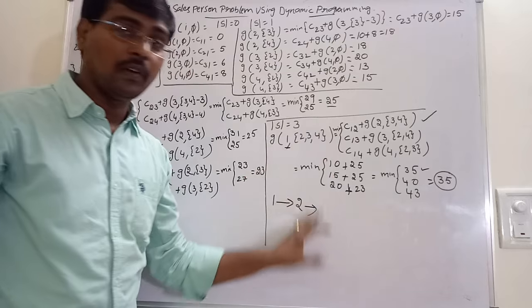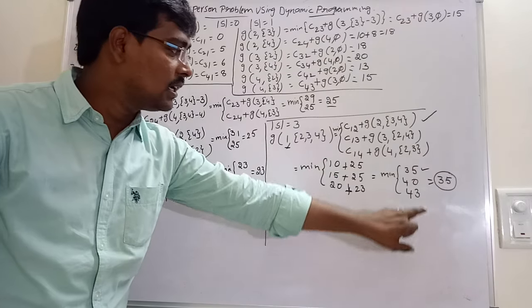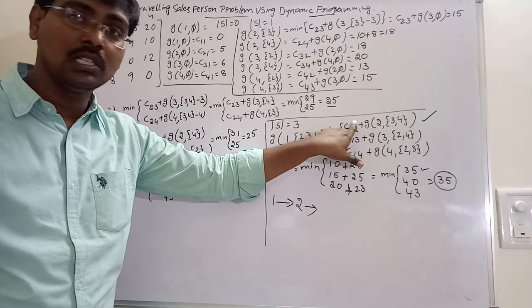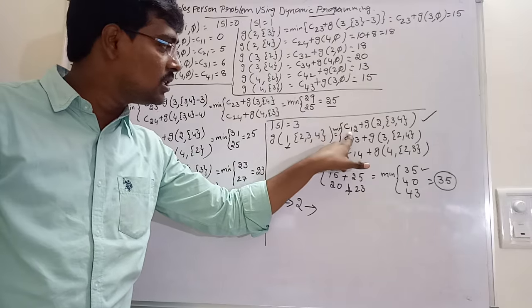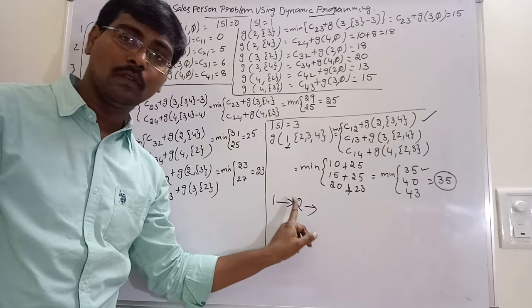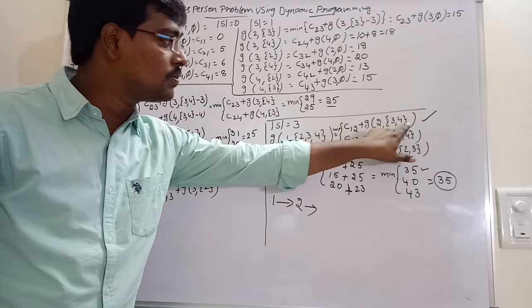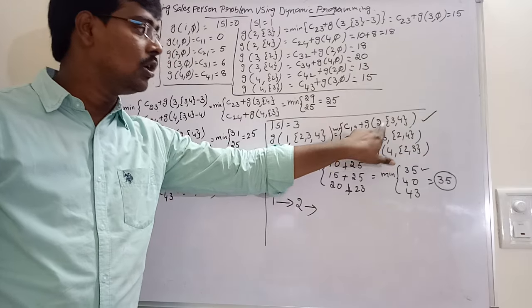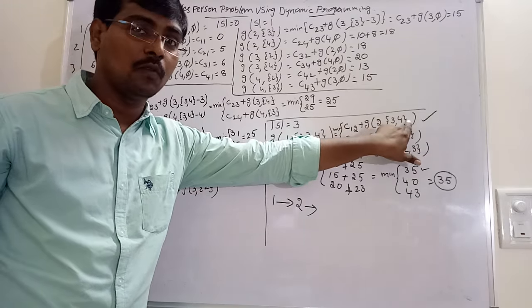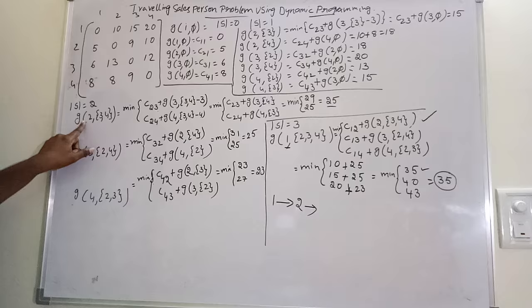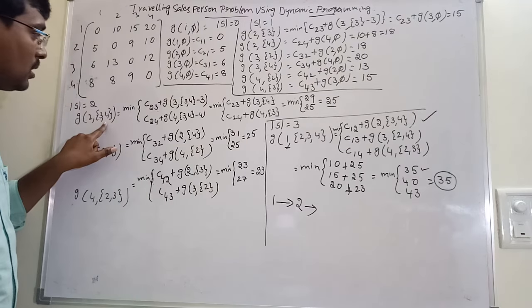So observe the final equation. We are getting the minimum value because of this equation. This equation is C12, that is moving from 1 to 2. This specifies from 2 we have to move either to 3 or 4. So go to this equation G of 2 comma {3, 4}.